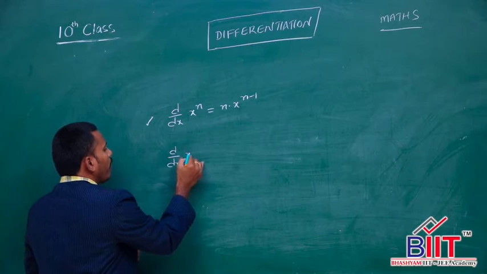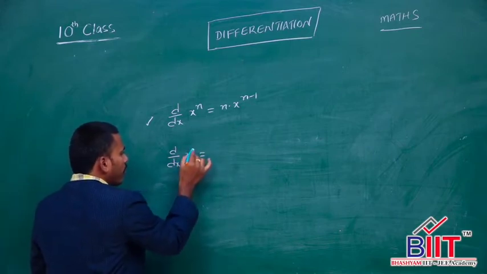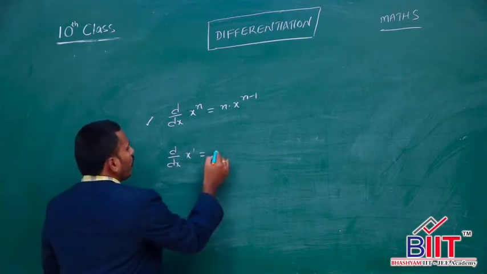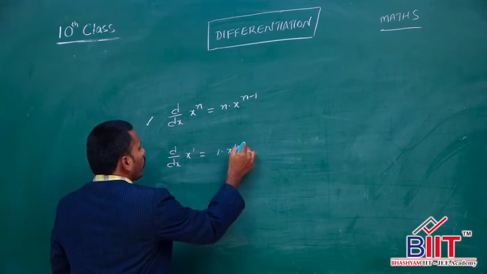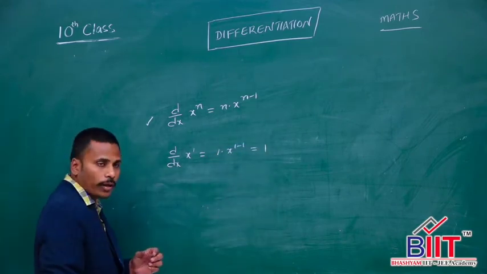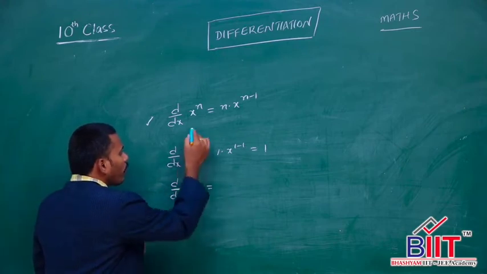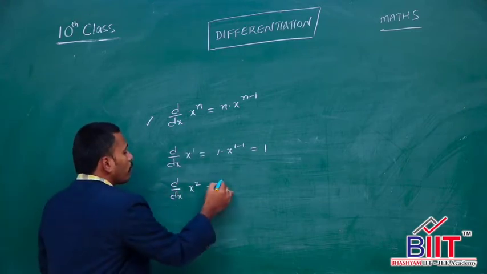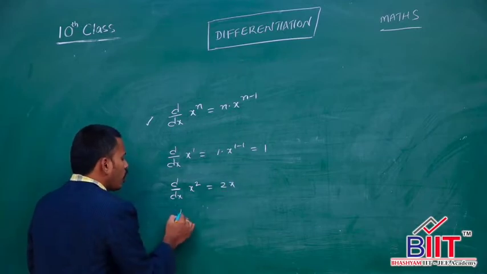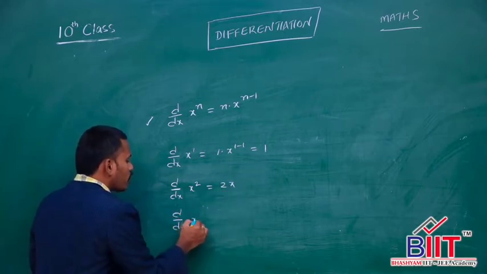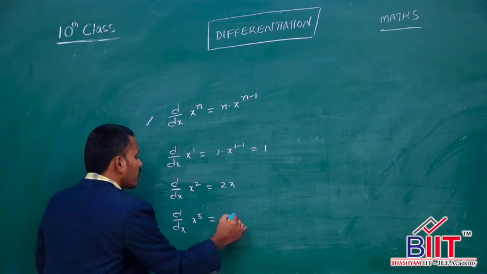Suppose d by dx of x, which is nothing but x power 1, right? So, replace n with 1, so 1 into x power 1 minus 1, and the calculation is 1. Whereas d by dx of x square is what? Replacing n with 2, on simplification you get 2x. I think you all know it. D by dx of x cube is 3x square.